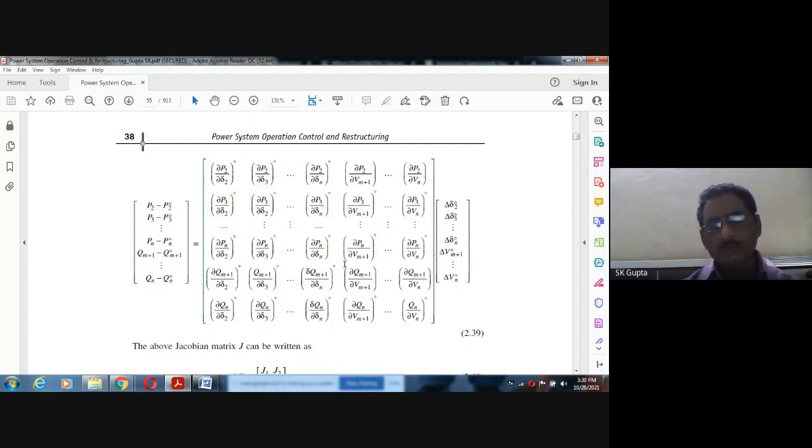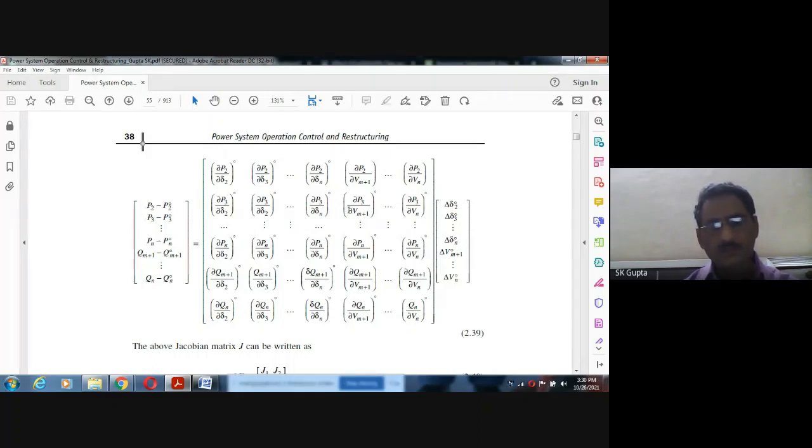For example, as I told you, if it is a 30-bus system, and out of 30, 50% are PV buses and 50% are PQ buses. So 2 to n means 14 up to here, and up to the slack bus and PV bus it is 15, and the rest are PQ, 15.